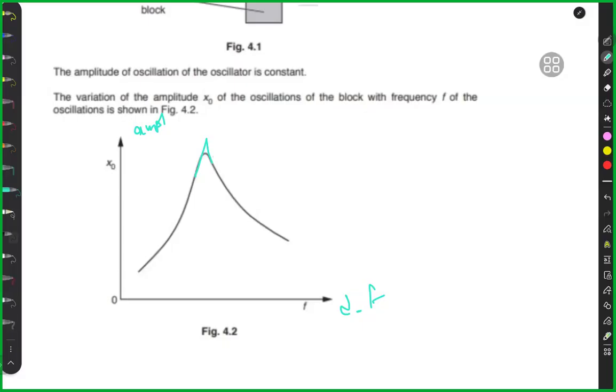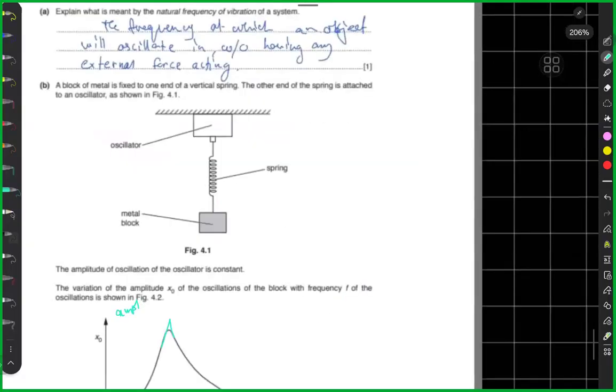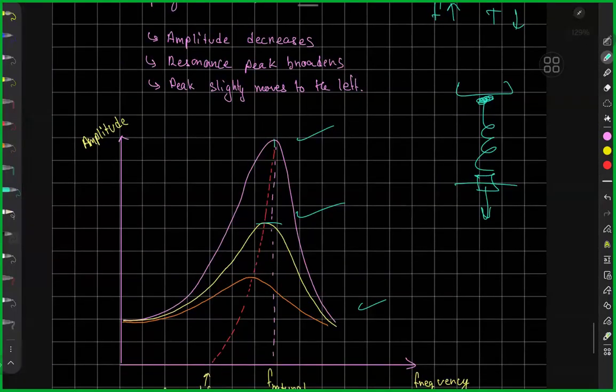And when you introduce some amount of damping, what happens? The peak gets shallower, right? More spread out. That is what we see with respect to damping, right? So from this to this to this, what is the difference?